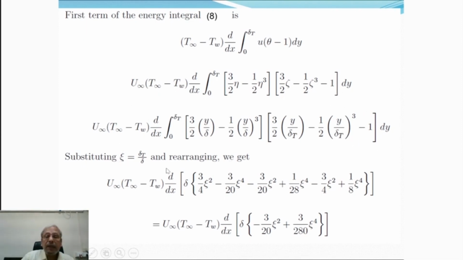We evaluate this integral, substitute the upper limit and the lower limit, and we get this expression.